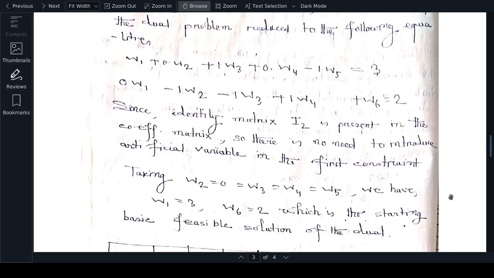So these 2 variables we cannot consider equal to 0 because they give us the basic variables. Taking W2, W3, W4, W5 equal to 0, we get W1 equal to 3 and W6 equal to 2. So is this line clear up to this?